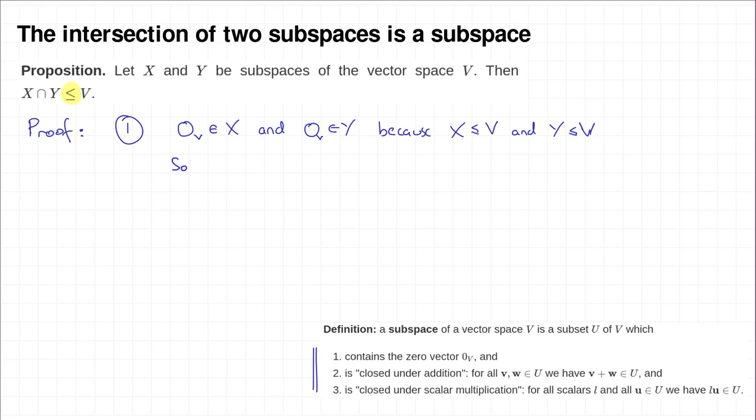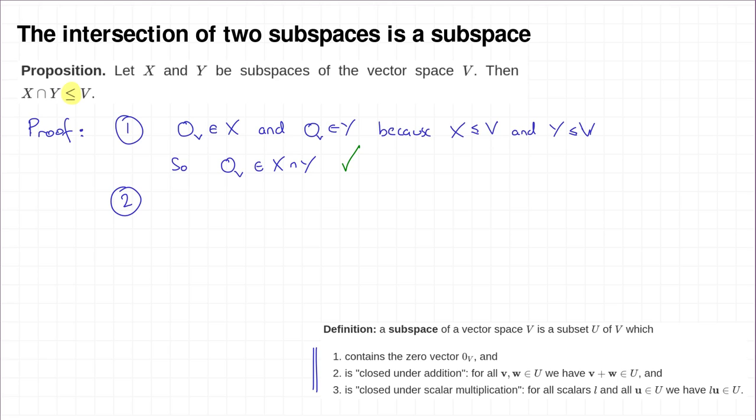So if the zero vector is in X and the zero vector is in Y, then it is in their intersection. Alright, that means that condition 1 is true in the definition of subspace.